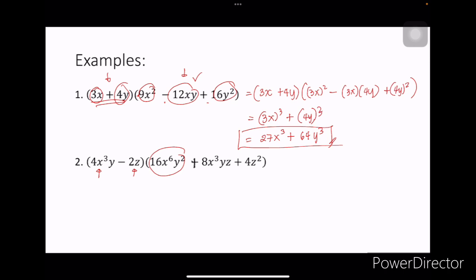Let's try to check. The square of 4x cubed y is equal to 16x raised to 6 y raised to 2. That's right.